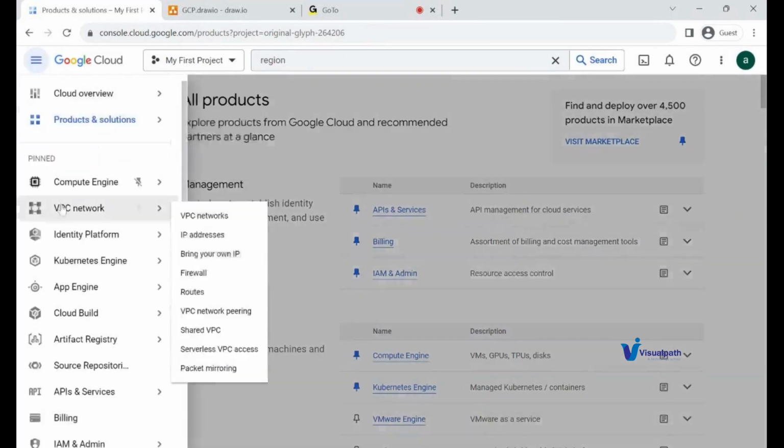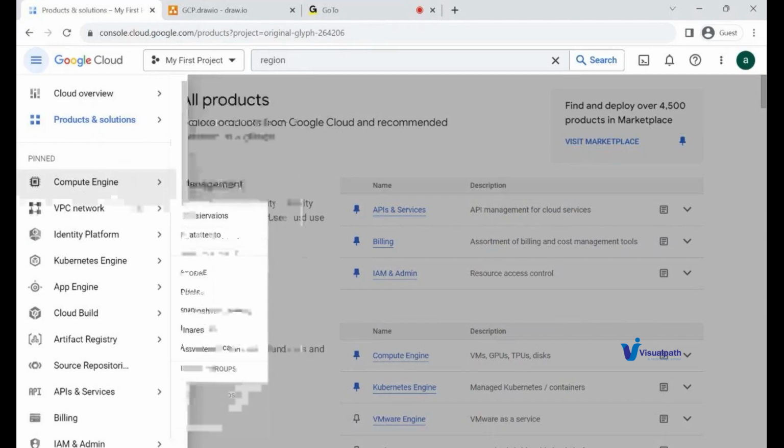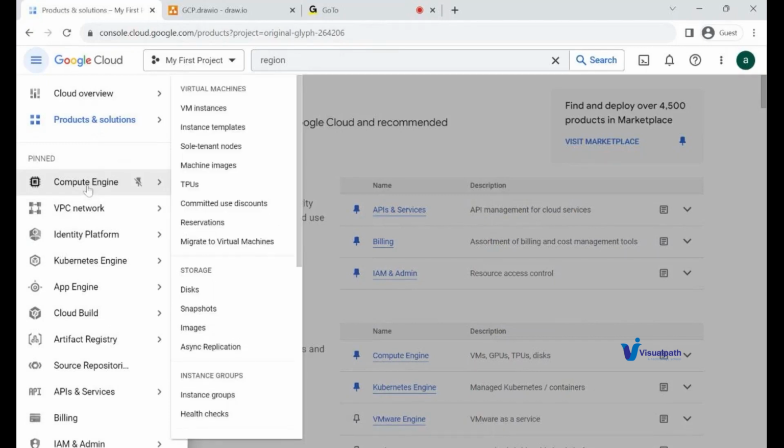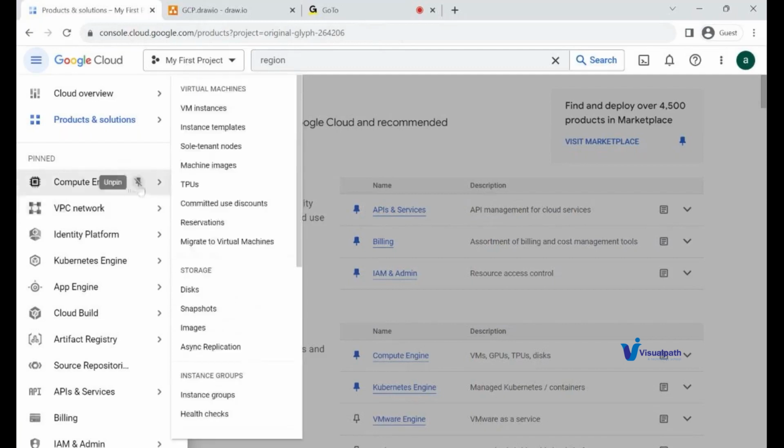This is the segregation based on the resources they have, in larger terminology. If I talk about Compute Engine, I mean VMs, the storage given to a VM, and then the ASGs, or the instance groups. On these terms, they have segregated it for users to understand and quickly fetch it.